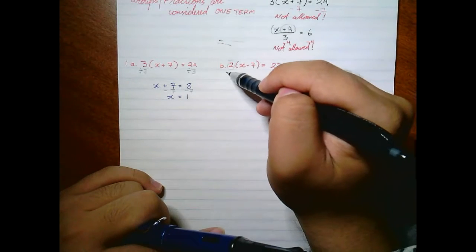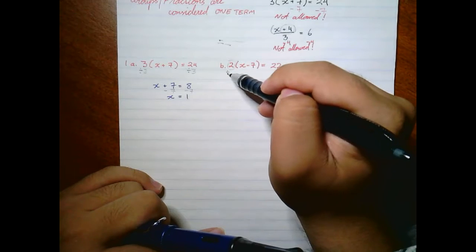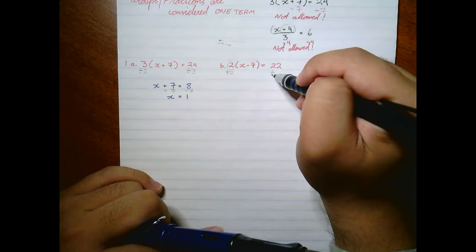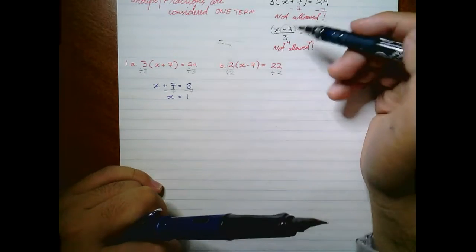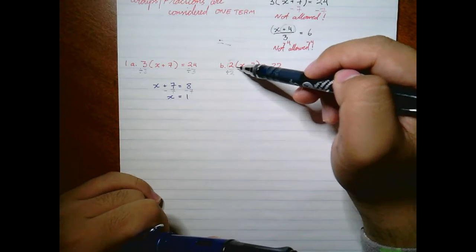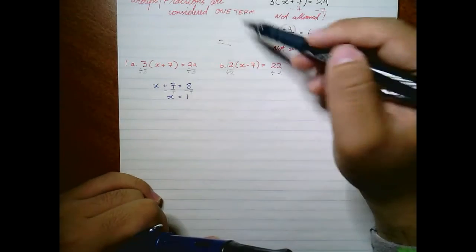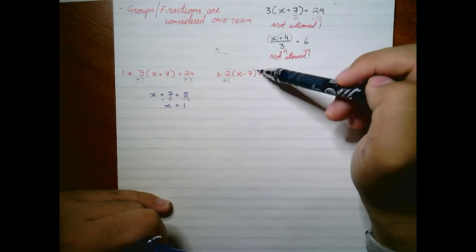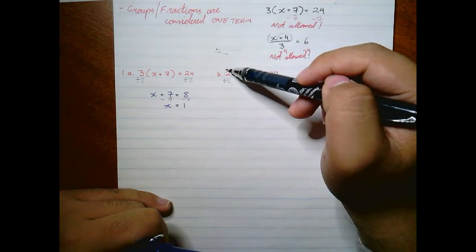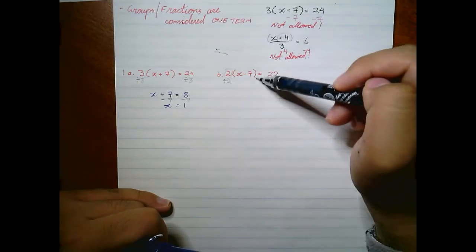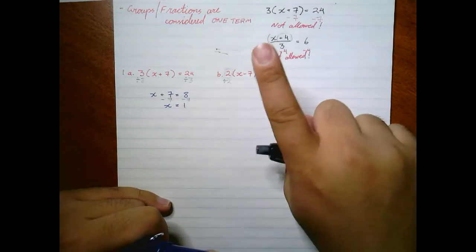So the inverse of this is divide by 2, dividing both sides by 2. And I understand in previous videos that we said we apply it to all terms, but because the group or the fraction is one term, we actually only have to divide it by this, because this is considered one term.